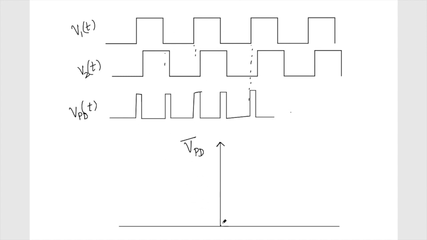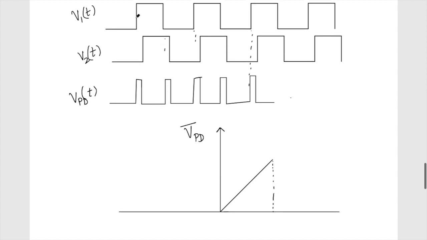So what it means is that when the phase difference is 0, the average value of V_PD that is spit out is 0. Whereas as it increases till pi, where pi means V2 is an inverted version of V1, then it will be maximum, and again it decreases and becomes 0 again at 2 pi.